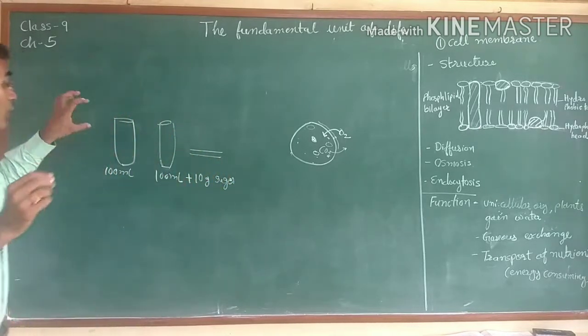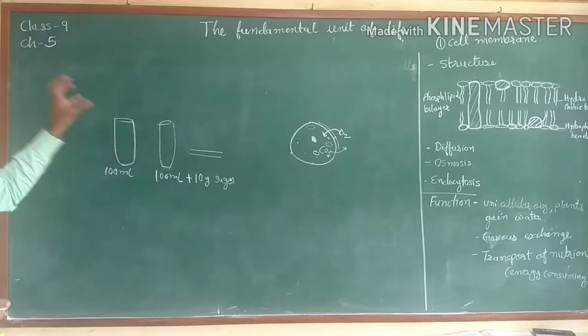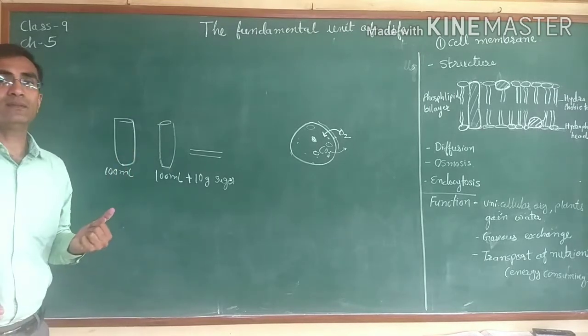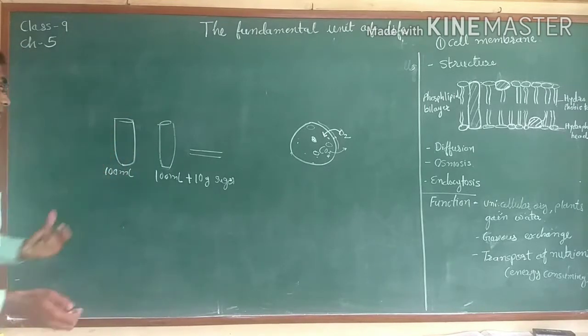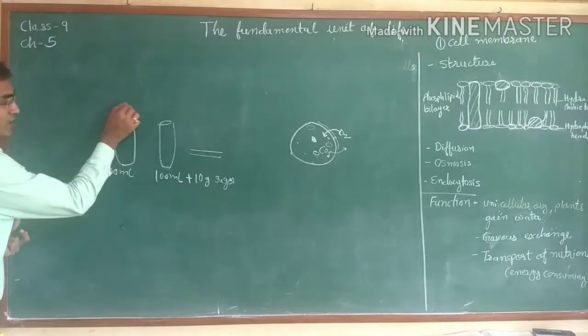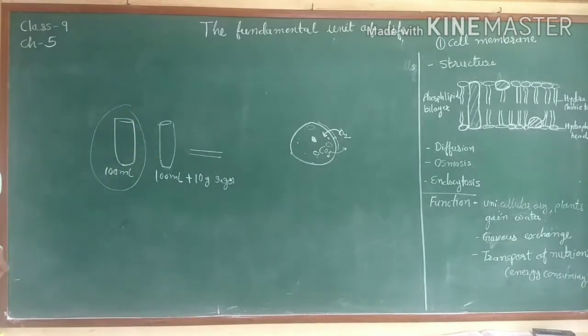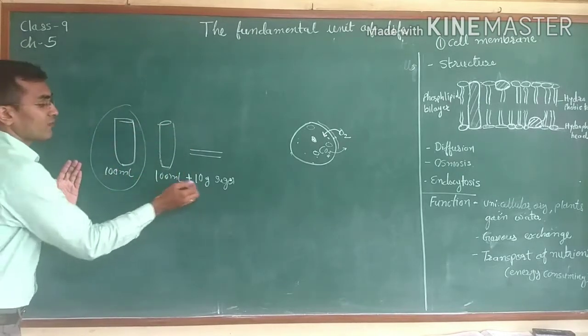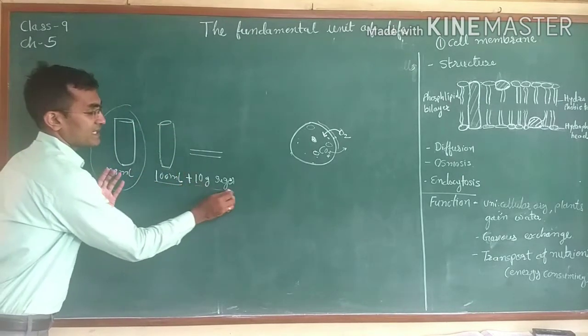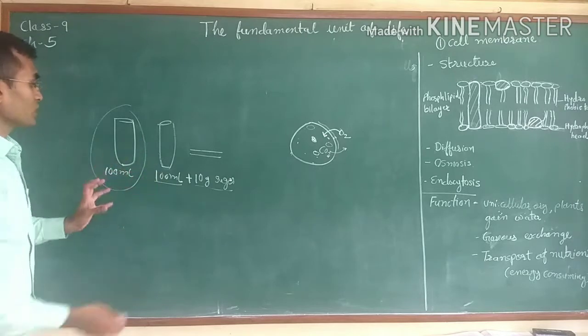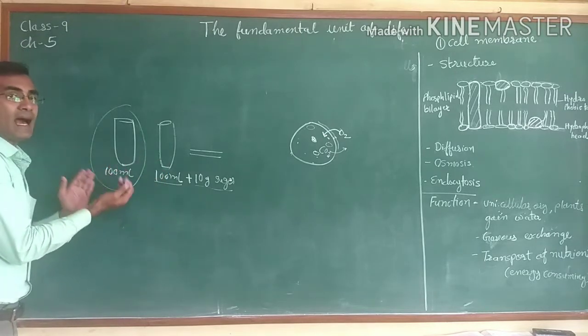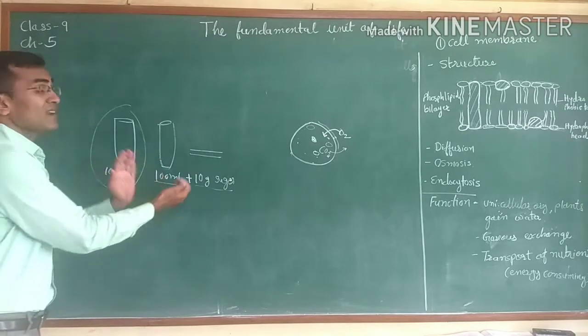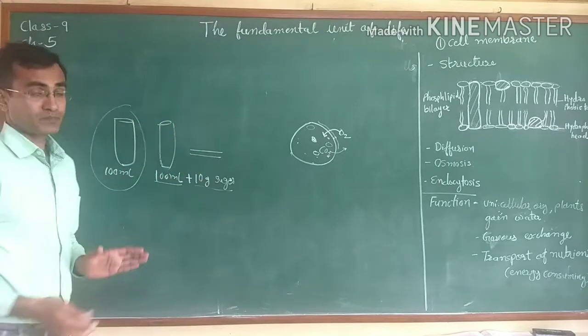So in which sample will the water concentration be higher? In the first one. Here the water concentration will be higher because in the other solution, along with the water, there is some sugar. So the water will be higher in this than in sample B.